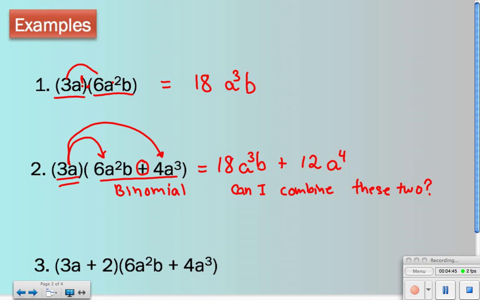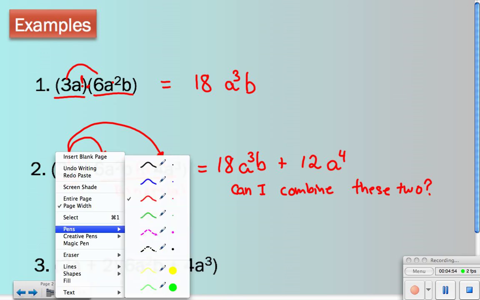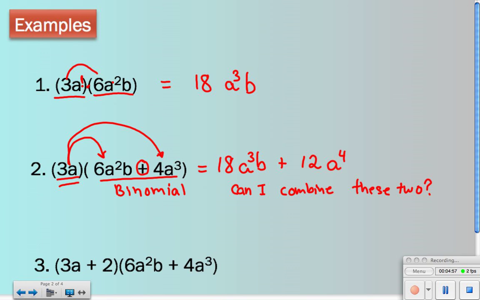Because it's asking me to add them together. It's saying take that first term and add it together. Let me change my pen here. Let's change it to a green. It's saying add these things together. Okay, a cubed can only get added to another a cubed. And that's a to the fourth. So these are not like terms. So no, they are not like terms. So you cannot add these two things together.